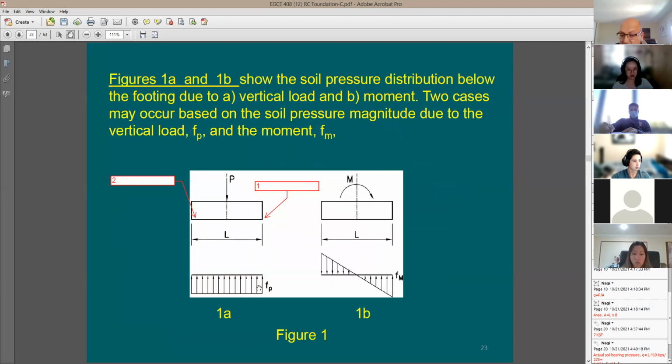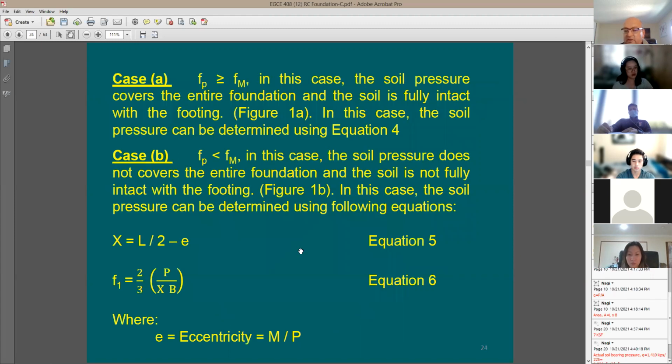F sub M here is greater than F sub P. On one side it is additive, which means 0.1. On the other side, 0.2, you take F sub P, subtract F sub M, and end up with a negative number, which means tension. And soil cannot take tension. So what's going to happen? The footing is going to lift up and no contact is going to happen for a little bit of the footing, right below the footing.